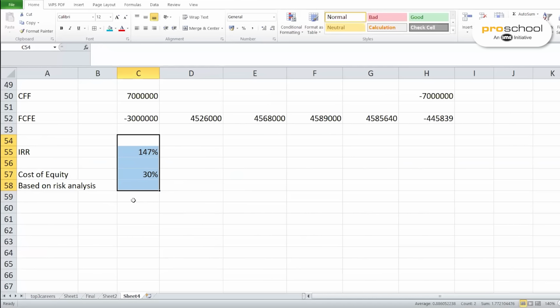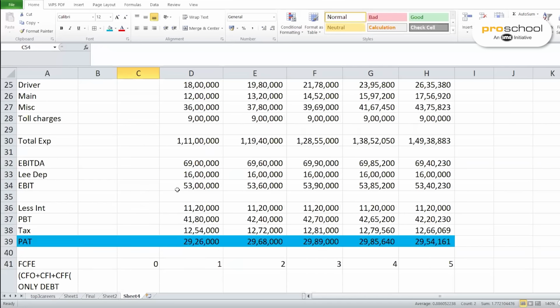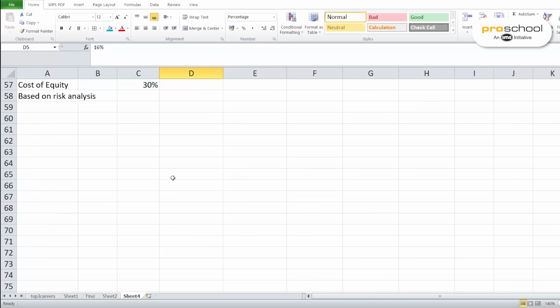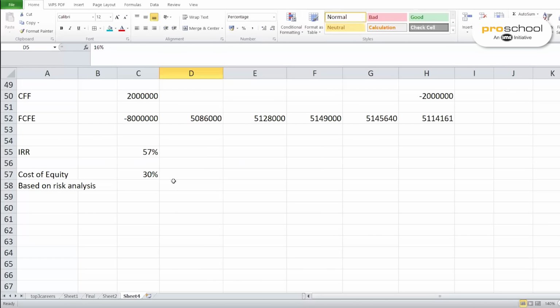I do not have to change each and every figure because I've used cell referencing very beautifully. So my IRR automatically changes. Again, if my bank says we will finance you only 20%, you can see that my IRR changes to 57%. So I can forecast various scenarios for myself.